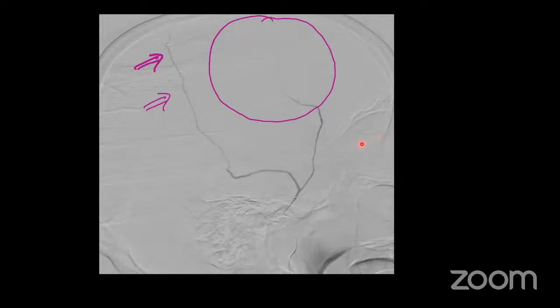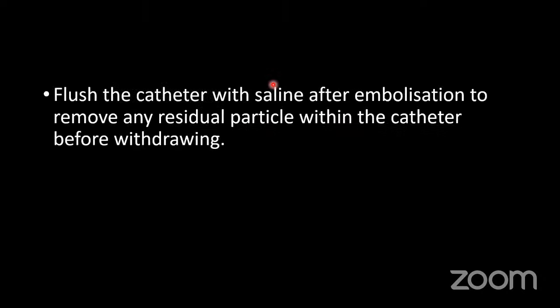flush the catheter with the saline, and after that we will take an angiogram. This angiogram is taken after pulling the catheter back into this area, so that the angiogram is normal for this, and there is cutoff in the distal half of this particular branch.